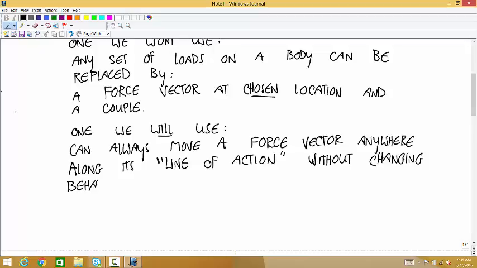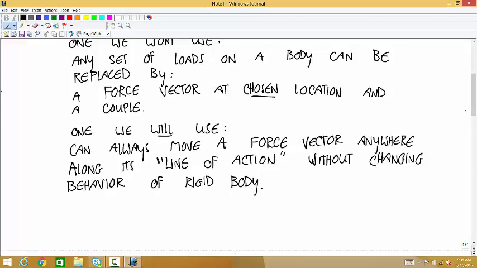And I want to emphasize that equipollent systems only work with rigid bodies, so without changing the behavior of a rigid body. I'll show you why that is in a second, and that'll make sense, I think.